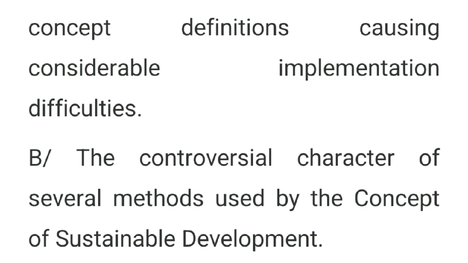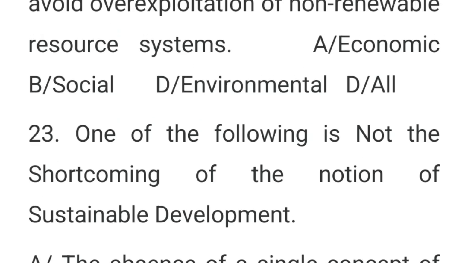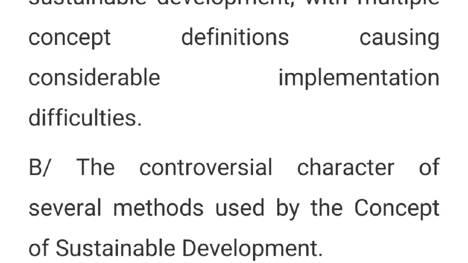C, without doubt, the sustainable development goals are aimed at creating a just and balanced world design. D, can bring benefit to all parts of humanity rather than to certain people. The answer is D; it is not a shortcoming of the notion of sustainable development.